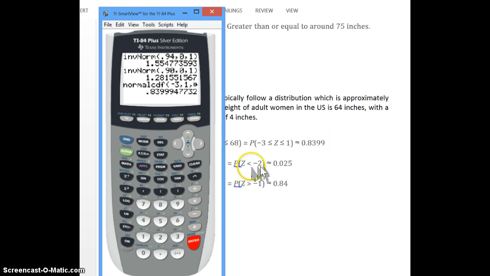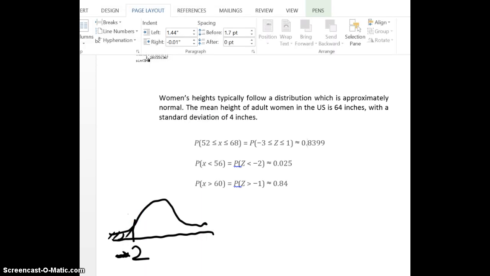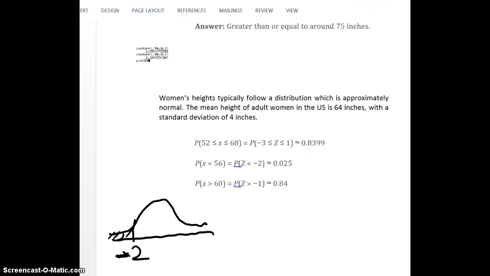Now what about this next one? The probability z is less than -2. Over here, -2 is to the left of the mean 0. Less than -2 means we go to the left.